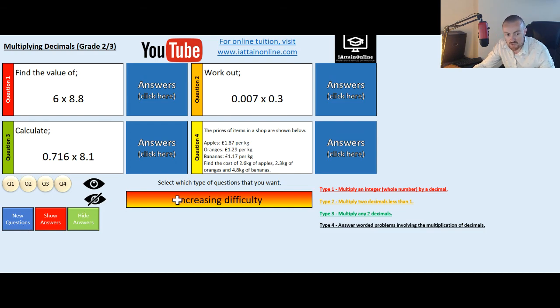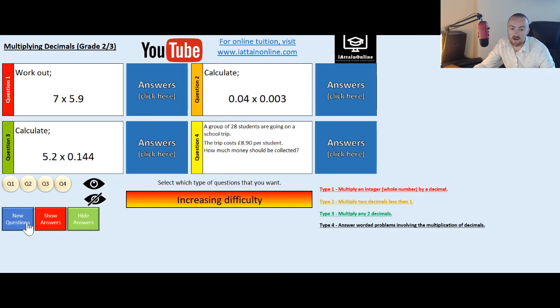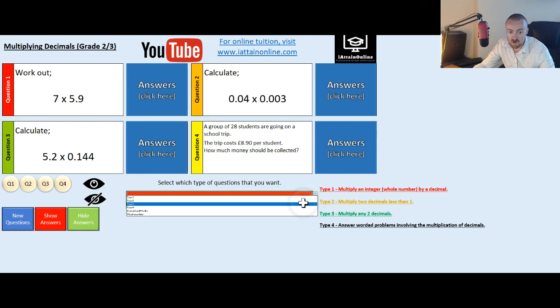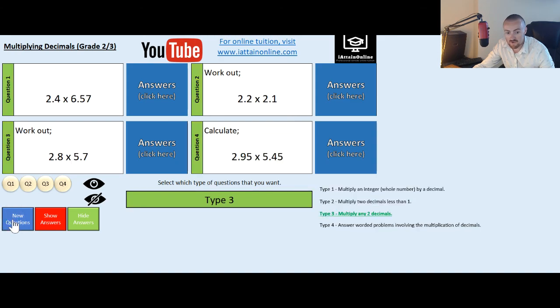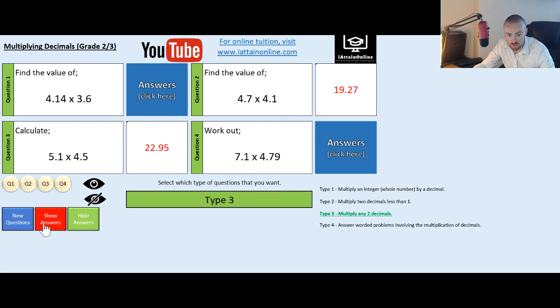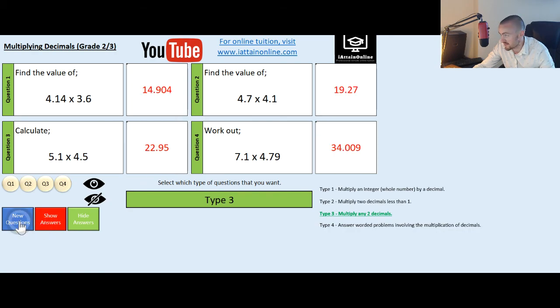Okay, it's automatically set to increasing difficulty, so you can generate questions like the ones I've just done. If you want to focus on a particular type of question, maybe the third example, you can select type 3 and it will give you lots of questions like that. You can get the answers by clicking on the answer box or by clicking show all answers there.